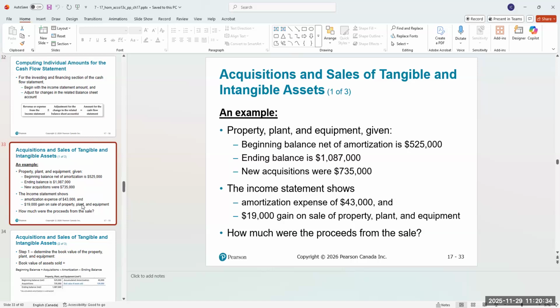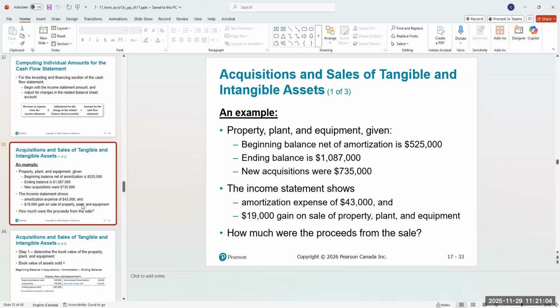Let's see now here. Property, plant, equipment. We have a beginning balance, net of amortization, 525. What does net of amortization mean? It means that the amortization was already taken out. The ending balance is 1,087,000. During the period, we purchased new property, plant, and equipment for 735.